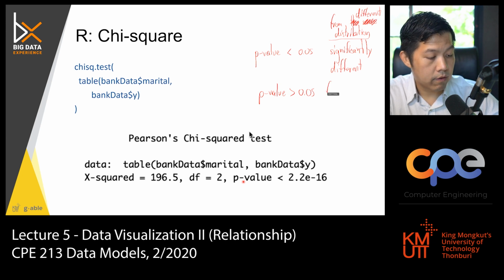More than 0.05 is from the same distribution.